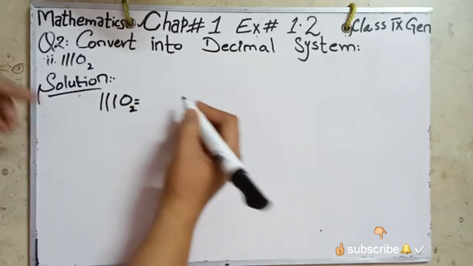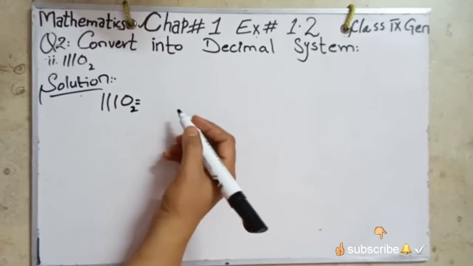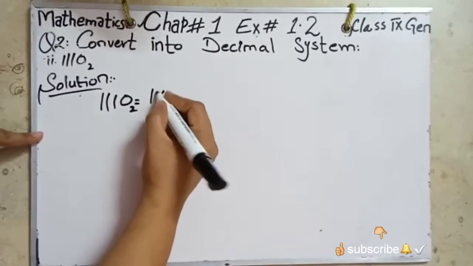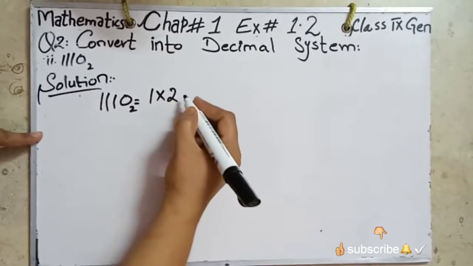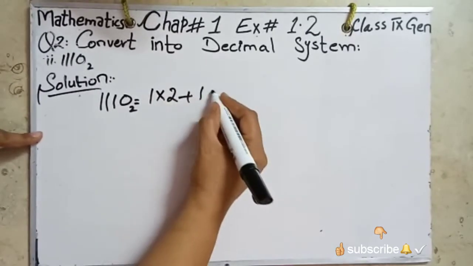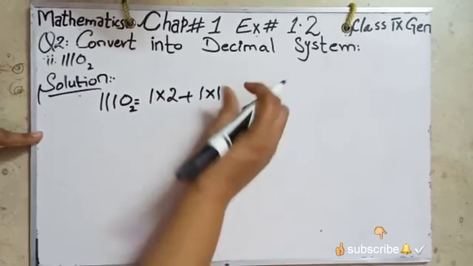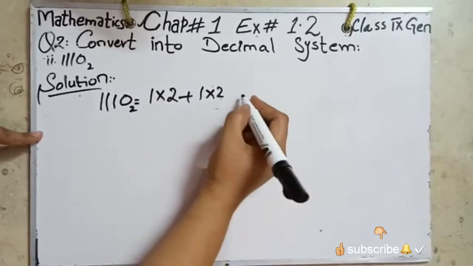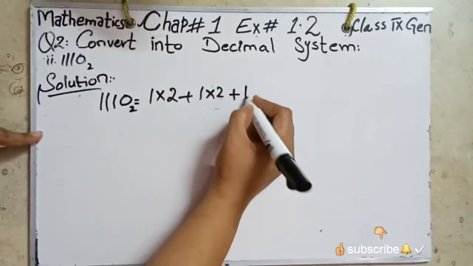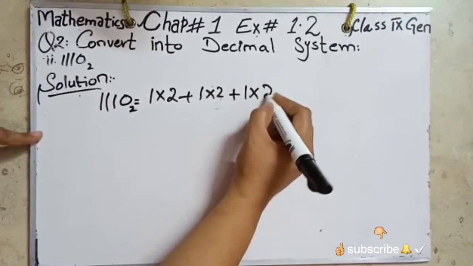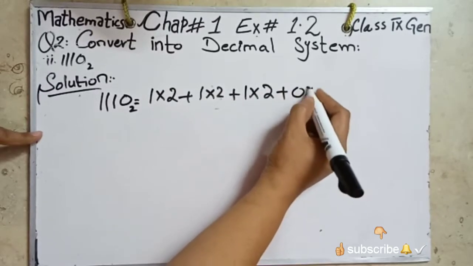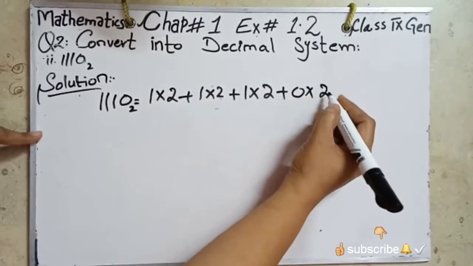Okay, first step, we write left to right side: 1 multiplied by 2, plus 1 multiplied by 2, plus 1 multiplied by 2, plus 0 multiplied by 2.